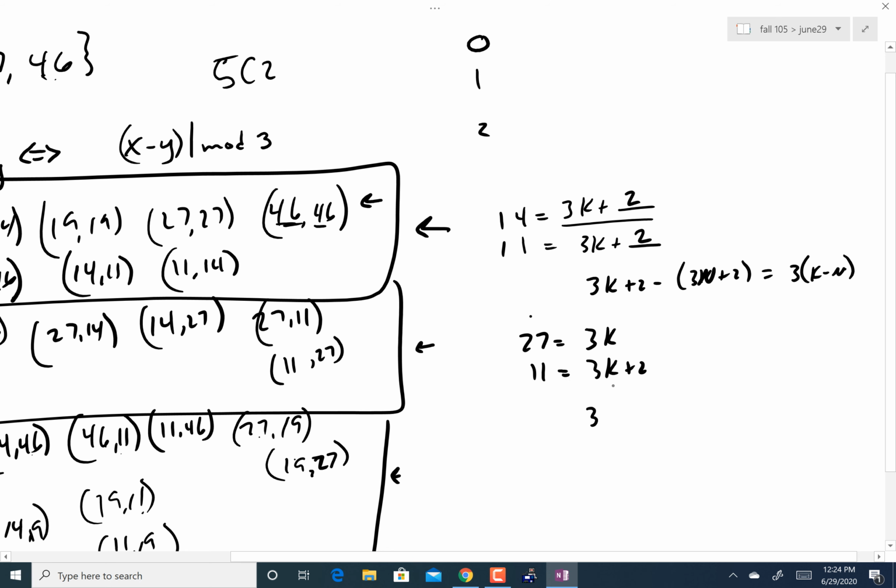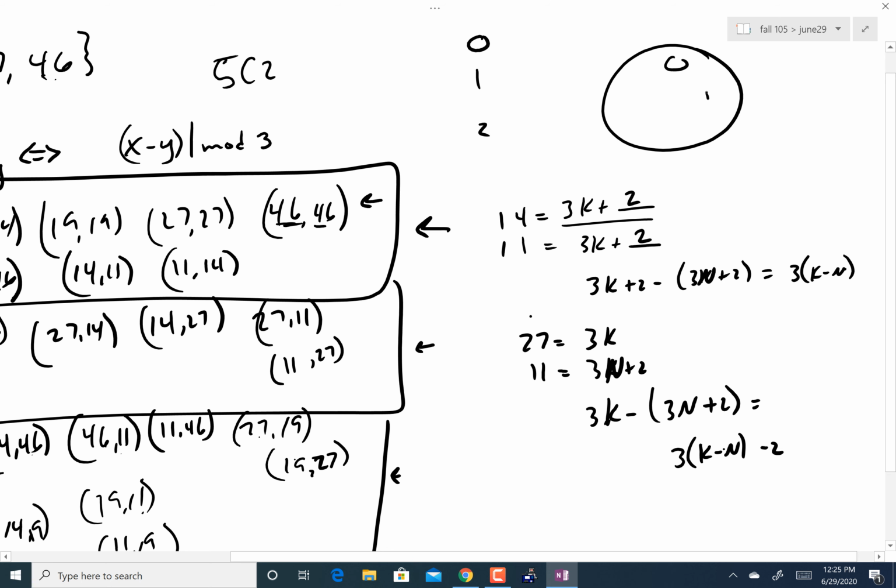If you take 3k minus 3n plus 2, what are you left with? Well, you ended up with 3k minus n minus 2. You're left with a negative 2 remainder. Remember, on our mod clock, which we'll talk more about, if you're going negative remainder, it's going this way.